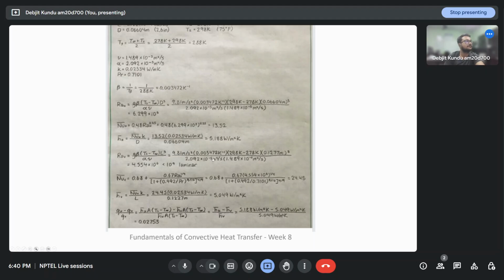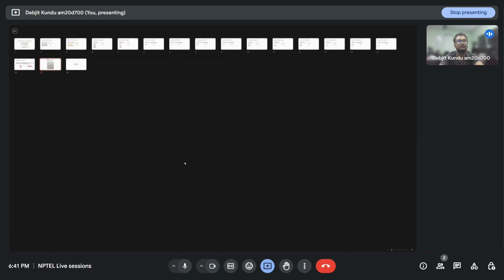If you compare the two h values, you can see that h for horizontal is 5.18 something, and for the vertical case, it is 5.05, close to that. Now if we take the difference and divide it by the vertical case as the standard, we will see that there is roughly a 3% increase in the heat transfer rate. So if you keep it horizontally, it will cool much faster.